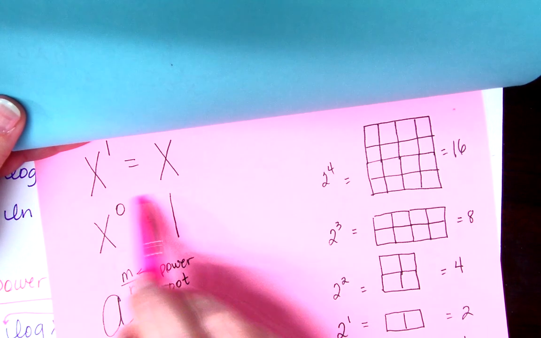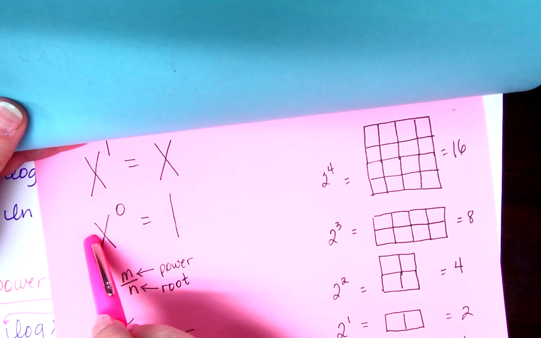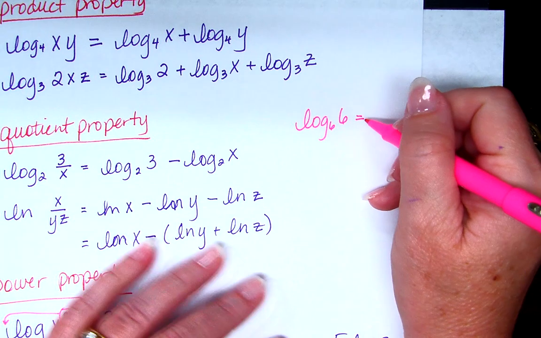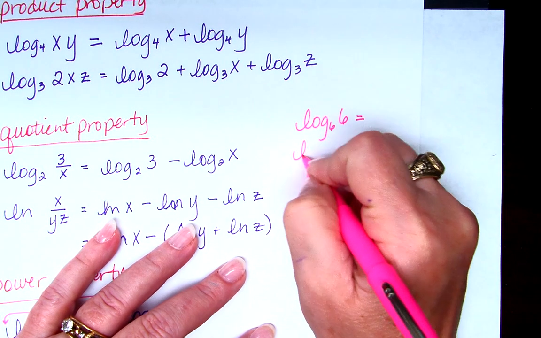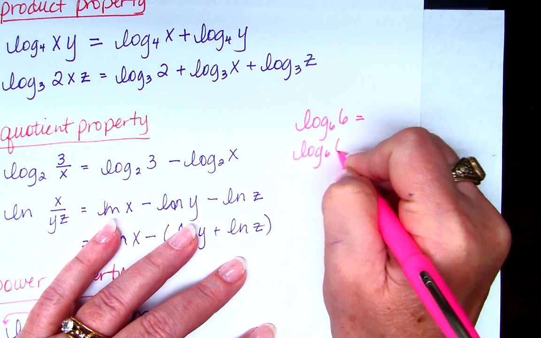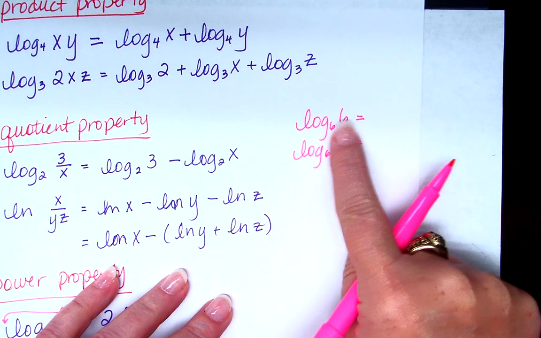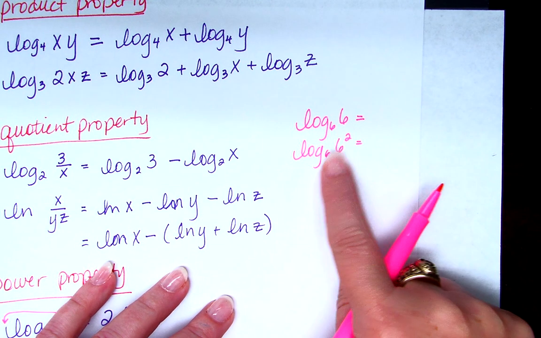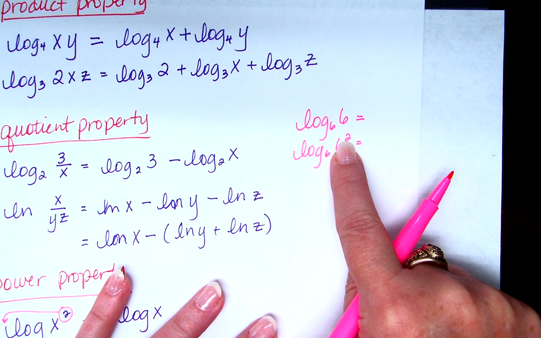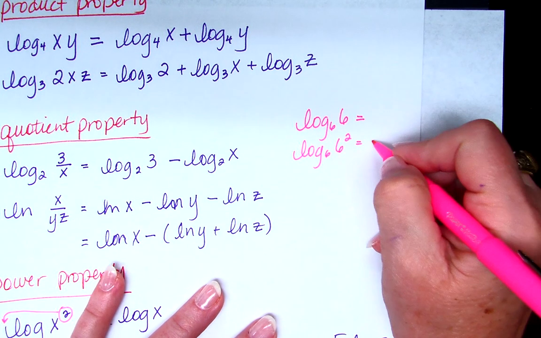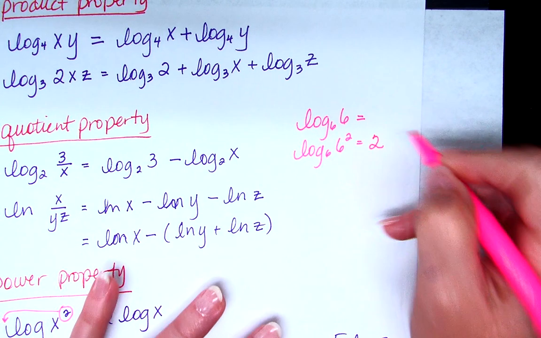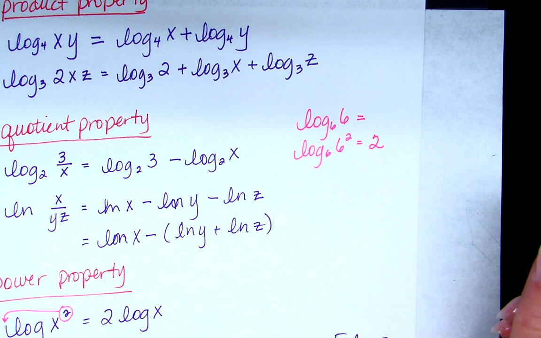That is a shortcut. This says log base 6 of 6, and this says log base 6 of 6 squared. The answer to the second one is 2, and the first one is just 1.